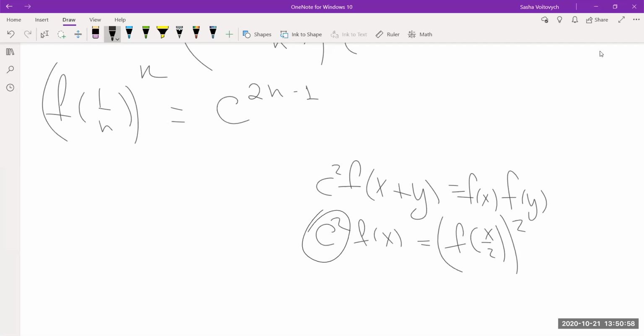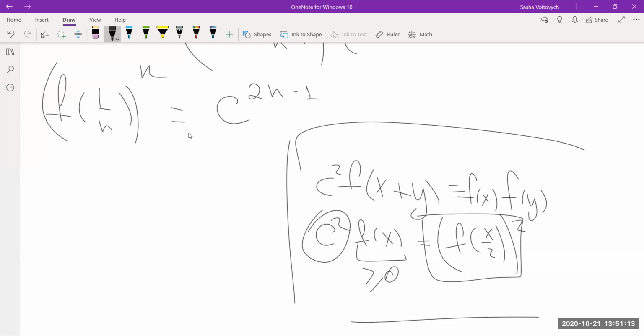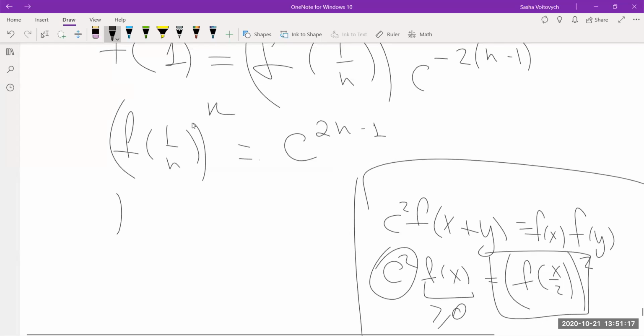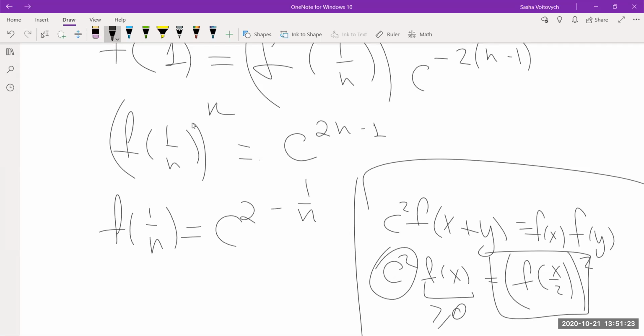We know that this guy is positive, this guy is positive, and this guy must be positive. So f(x) is greater or equal to 0 for all x's. Then we can take a root here, root of nth degree. So here we get f of 1 over n equals c to the power of 2 minus 1 over n.